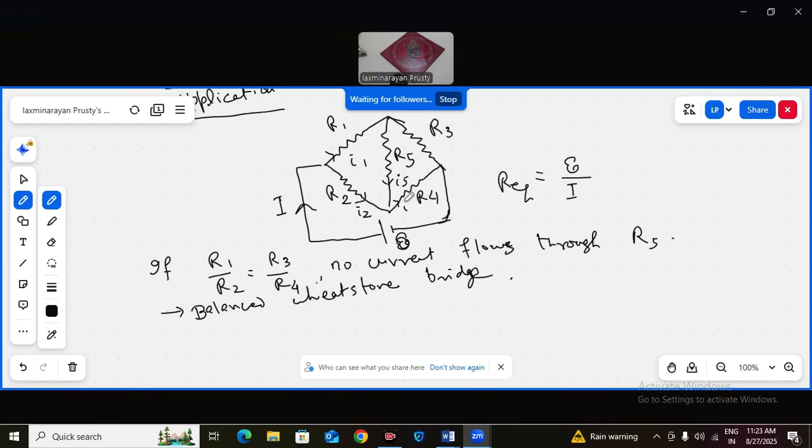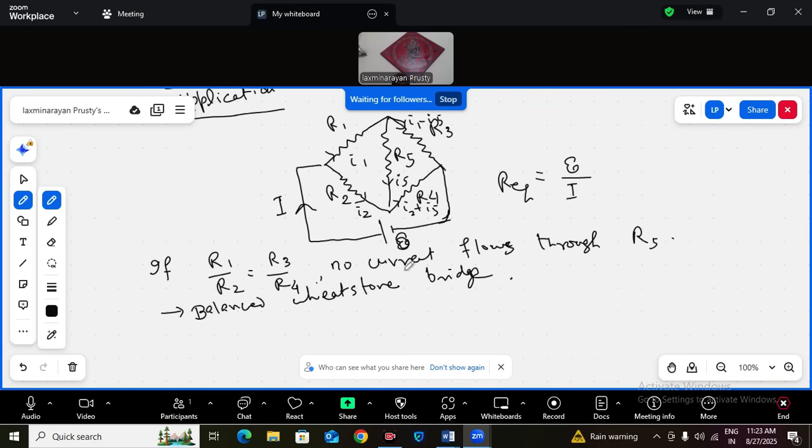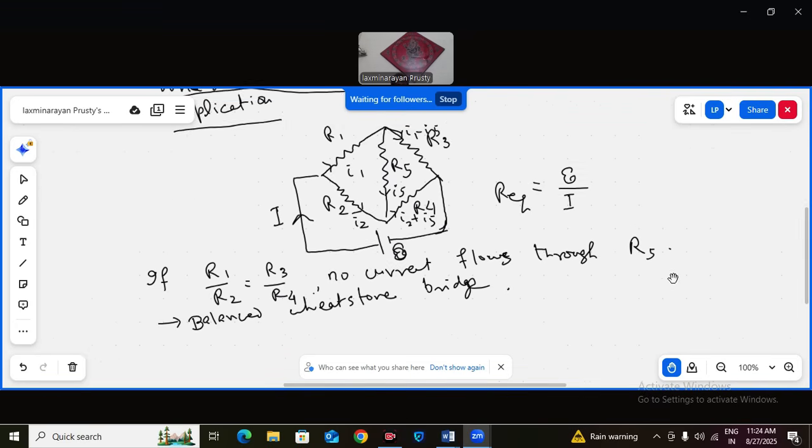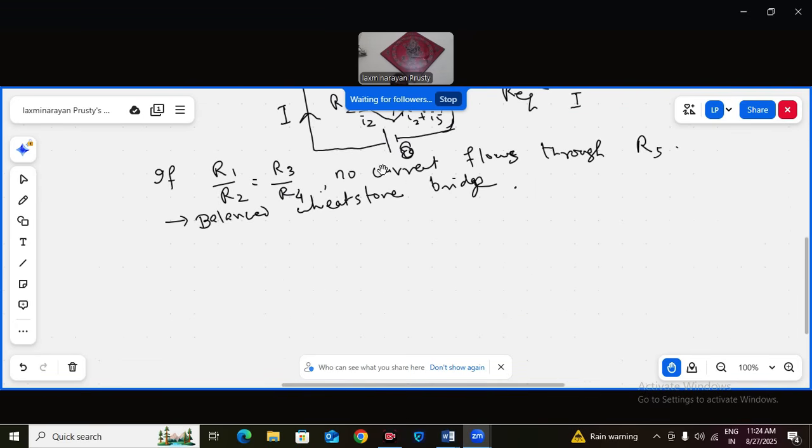So this is I1 minus I5. You must be knowing all this, just applying Kirchhoff's law. You must be in a position to calculate the R equivalent.